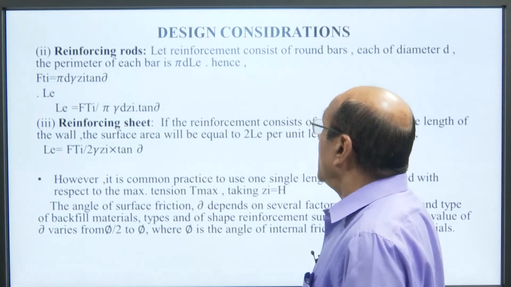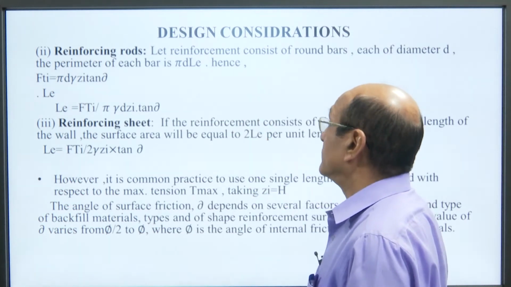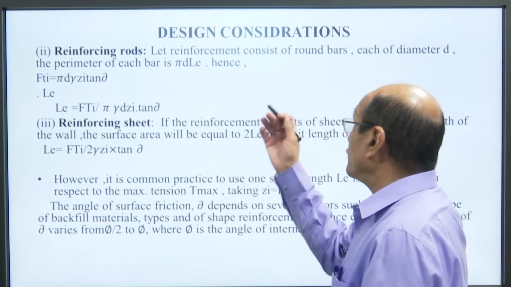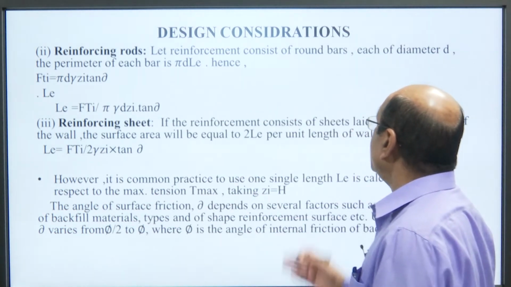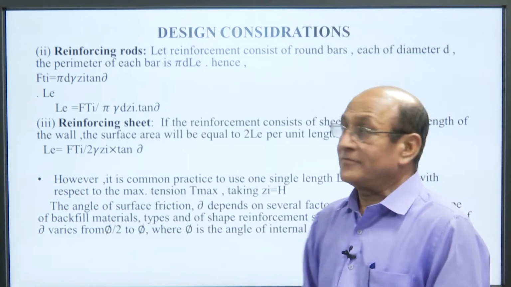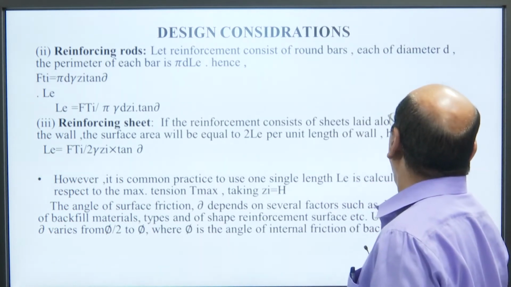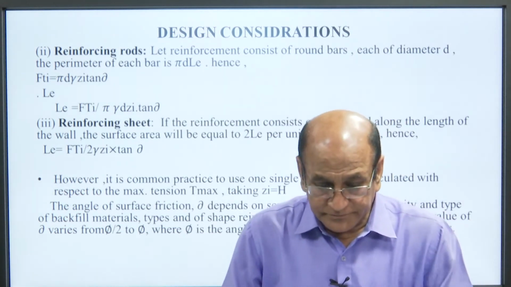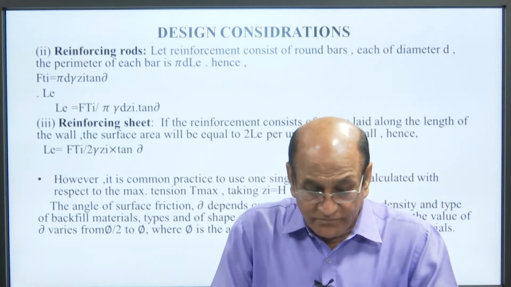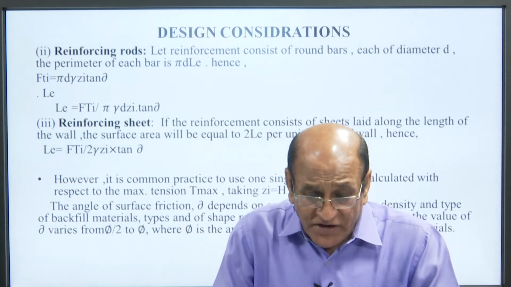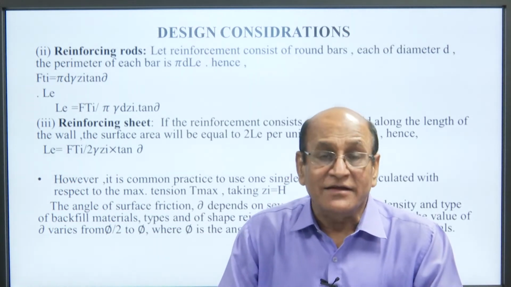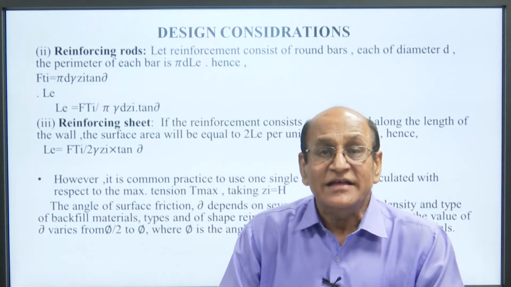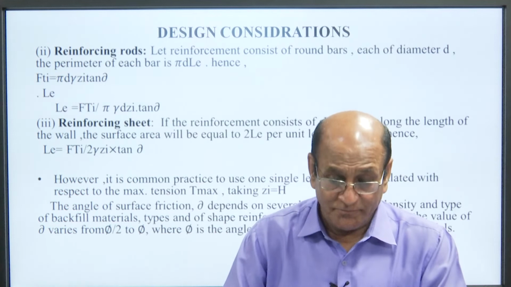Now, come to the reinforcing rods. We have discussed a strip. Now, reinforcing rod. Let the reinforcement consist of round bars, each of diameter d, and the perimeter of each bar is pi d. This is the perimeter and L E is the length.